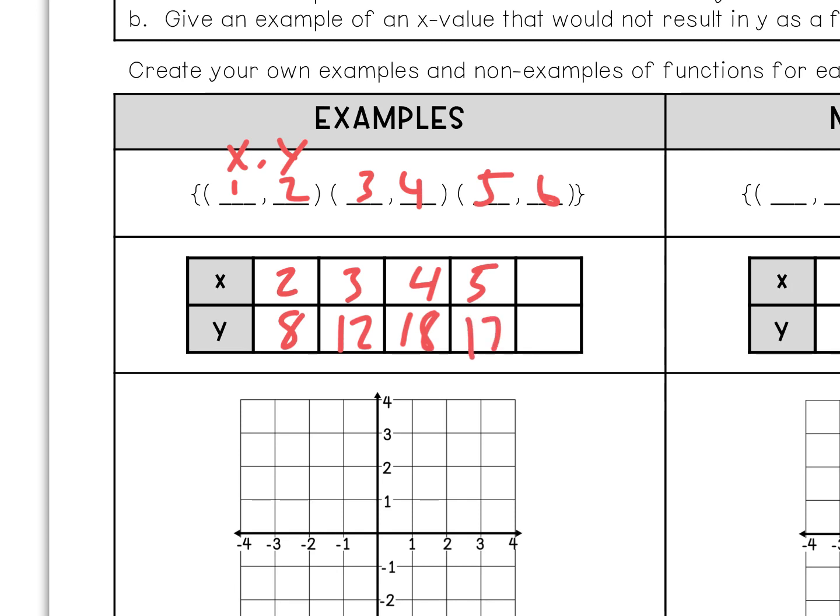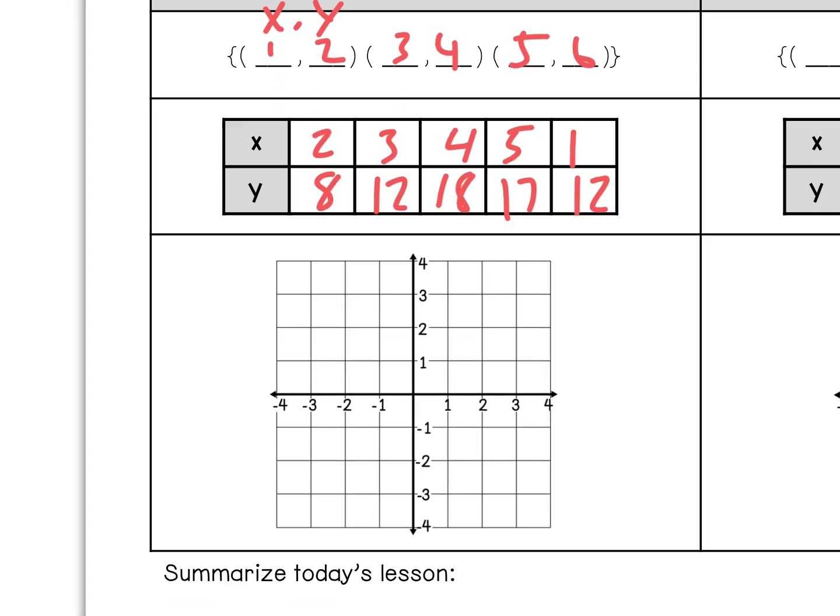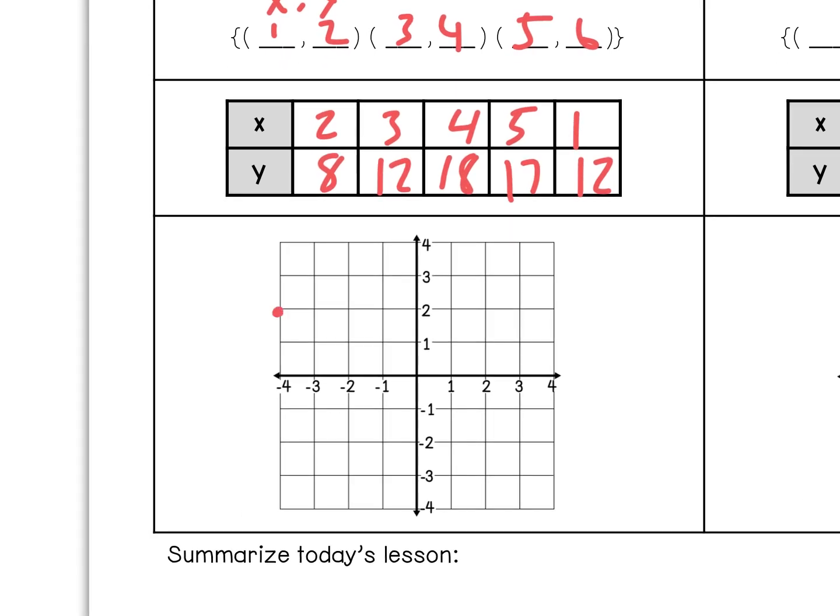5, 17, 1, 12. I repeated what? But I repeated a Y. So it's okay for Y to repeat. It's not okay for X to repeat. And so just as another example of that, if I put a value like this, and I connected them.